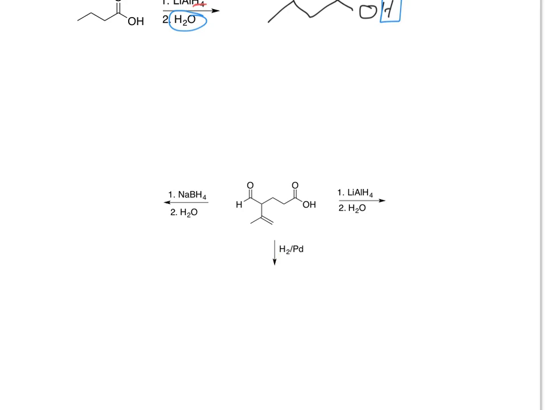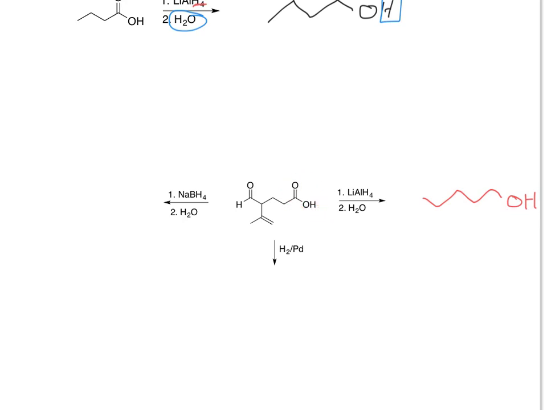Now, if we look at lithium aluminum hydride first, let's just draw the carbon framework. It's going to still give us that same alcohol. We're going to take this carboxylic acid and convert that to an alcohol, and so that's the alcohol here.